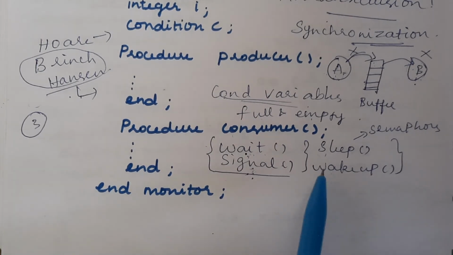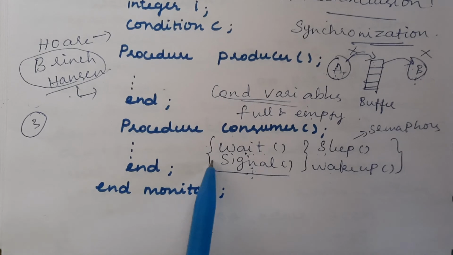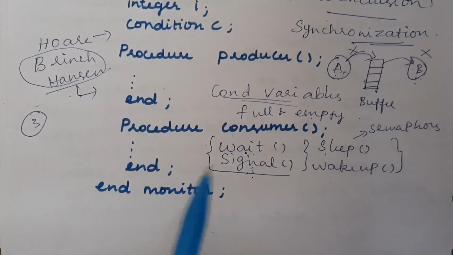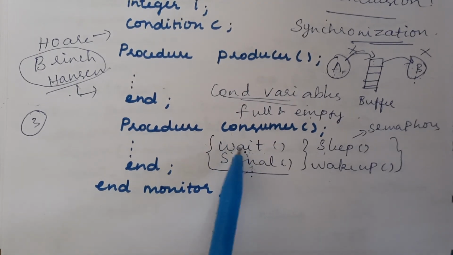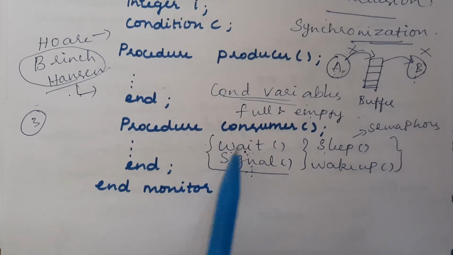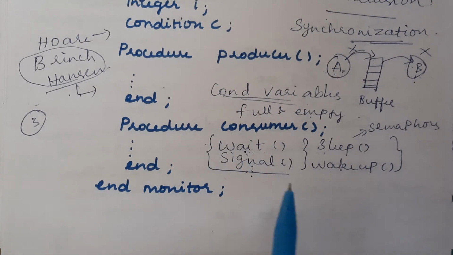To avoid this, this situation will not happen in the monitor. The process has to complete its wait operation, and only then will the other process send the signal. Before entering the wait operation, it will not produce the signal, because otherwise the signal would be lost.